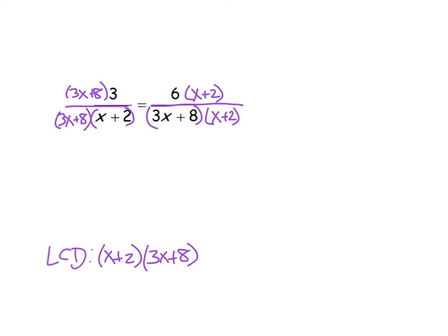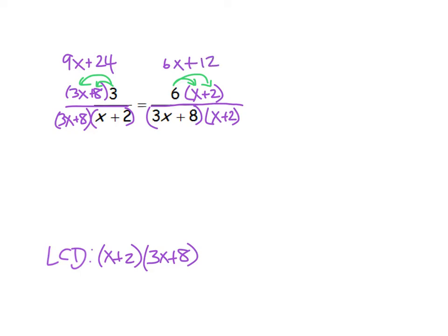Alright, so following similar steps that we've used in previous lessons, now that we have an LCD, we probably will want to distribute this 3 here and this 6 here. And we get 9x plus 24, and we get 6x plus 12.